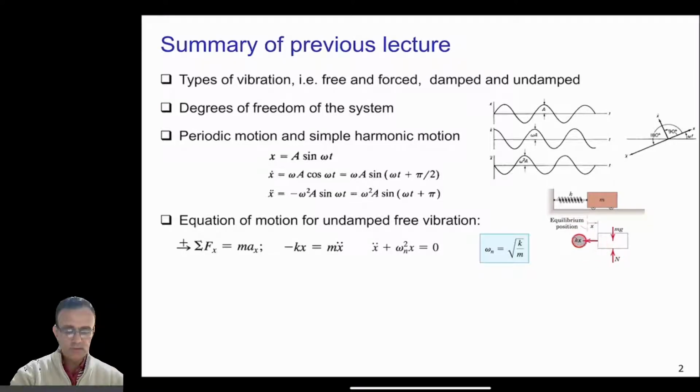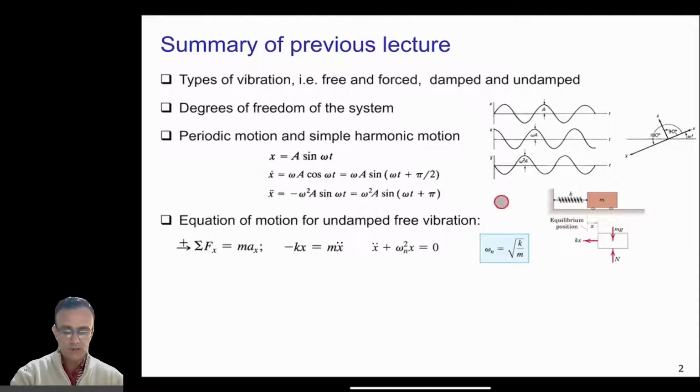If you displace this system from its equilibrium position by a distance x, it will have a spring force in the opposite direction to this displacement. So this is kx, and the weight is in the downward direction, and the normal force is in the upward direction.